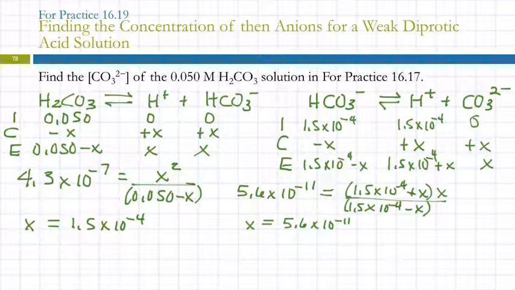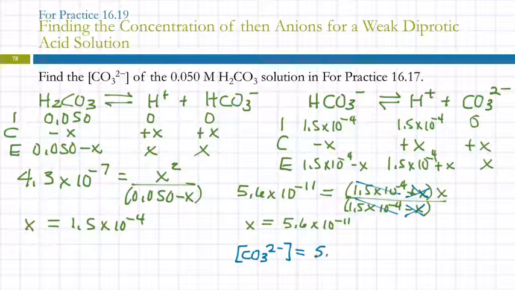Because X is small, adding X and subtracting X doesn't matter. It's too small relative to the 1.5 times 10 to the minus 4. And then these numbers cancel out, and we have X equals Ka. So the carbonate ion concentration is going to equal 5.6 times 10 to the minus 11. Any questions?